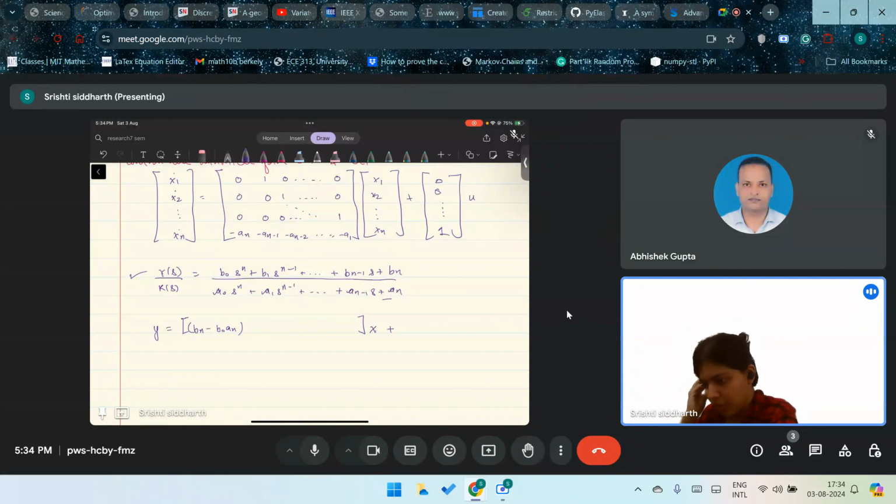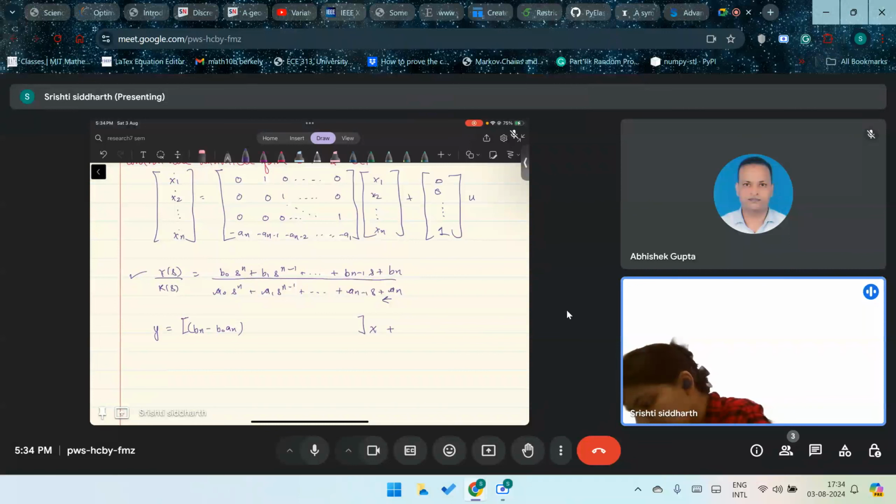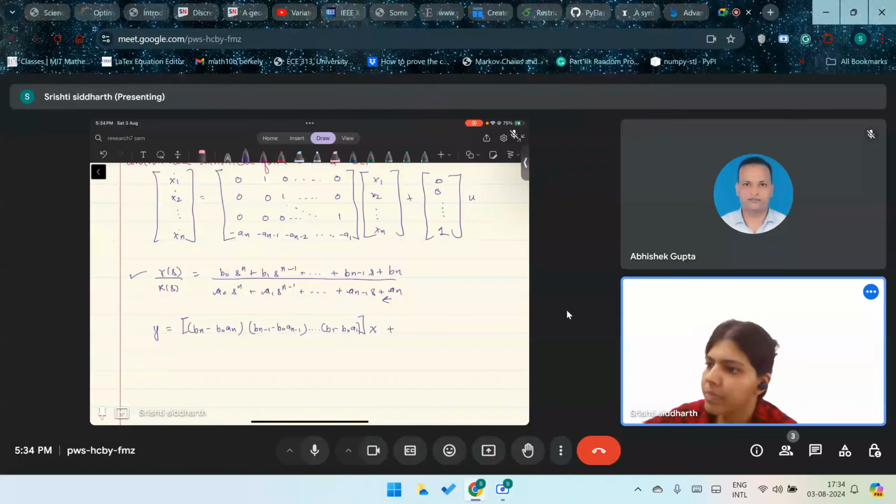Then we have b(n minus 1) minus b0 times a(n minus 1). And the last entry is going to be b1 minus b0 times a1. And the coupling with the input would be given by this coefficient. So this and this are the CCF forms.